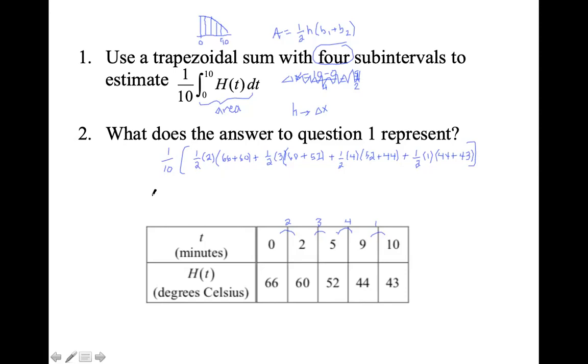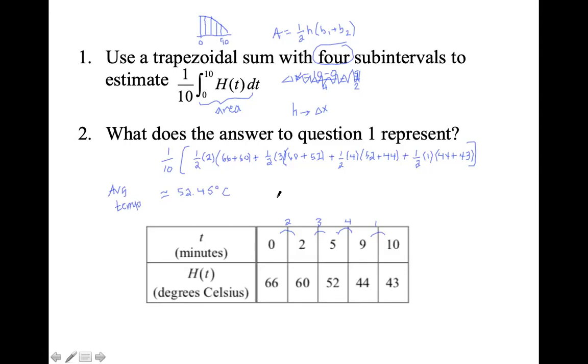So if I do this whole problem and I do my 1/10, I end up with a measurement of about 52.45 degrees Celsius. And what do you think that represents, especially when we do this 1/10? If you said it is the average temperature, you are correct.